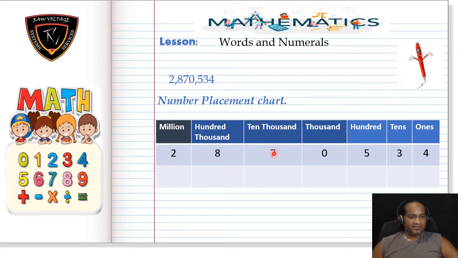So the value of this 7 will be 70,000. All you need to do, if you are asked for the value of the 5, is put the 5 and the rest is just zeros. So 500. If it's the 8, you put the 8 and the rest is just zeros, so it will be 800,000. What is the value of this 2? The 2 is in the millions place, so it's 2 million.